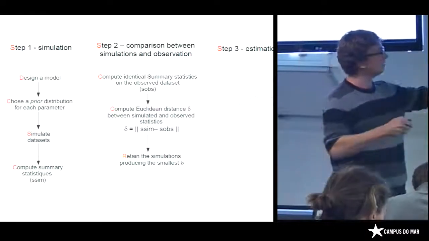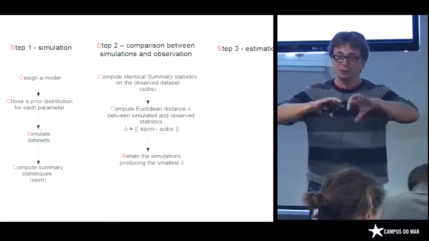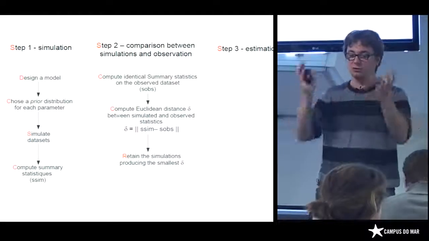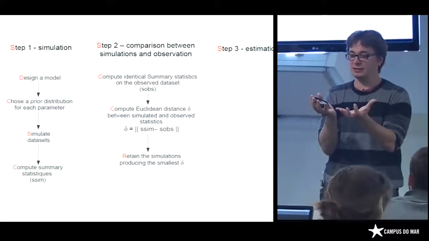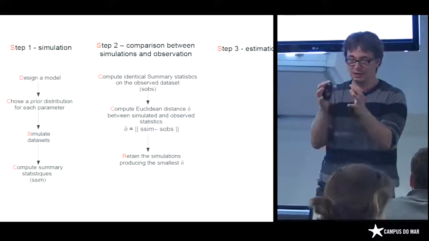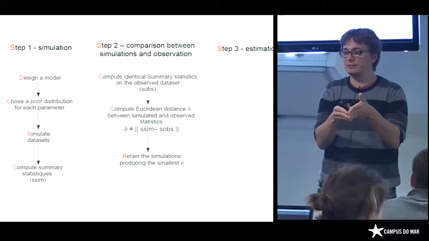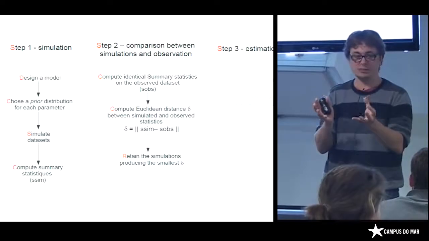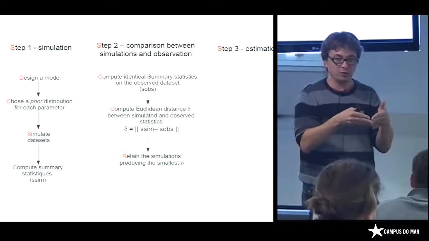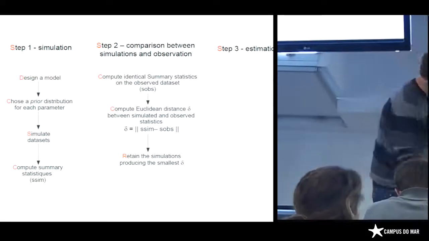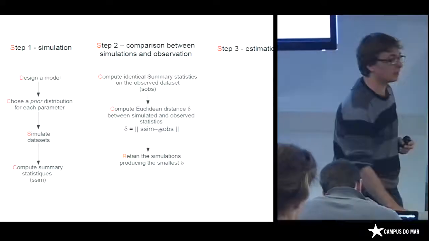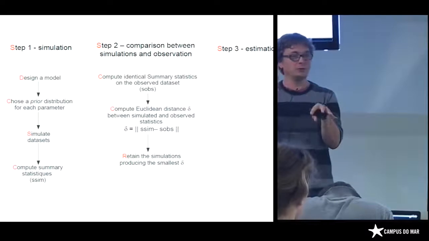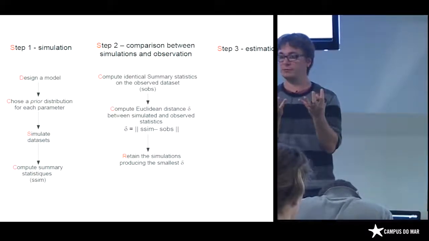So basically, to do model comparisons, you just keep all the simulations, the cloud of simulated pseudo datasets that are the closest to the observed dataset. Usually you keep 1,000, 2,000 simulations that retrieve the closest Euclidean distance. And you look at the proportion of the two models you compare in this cloud of points.